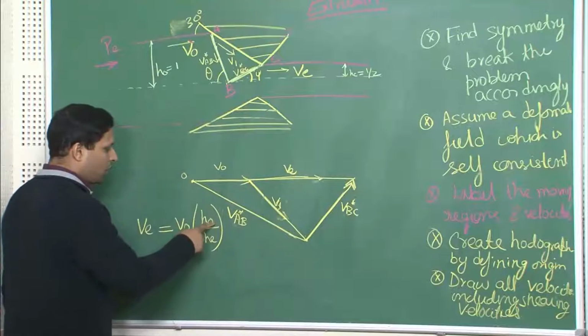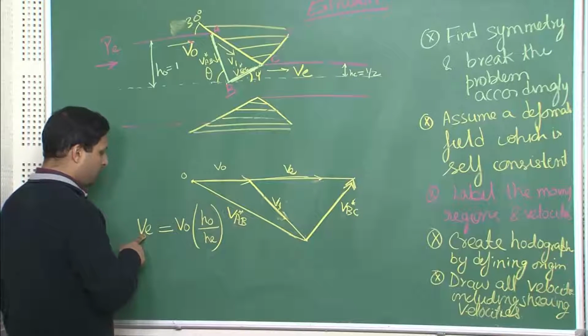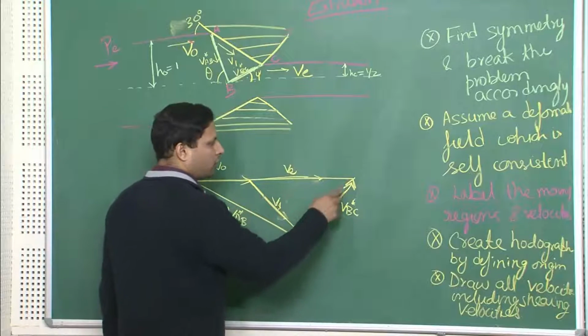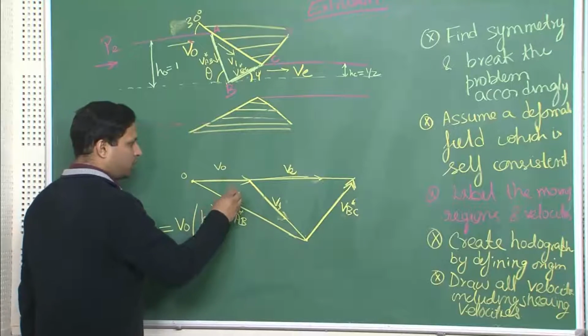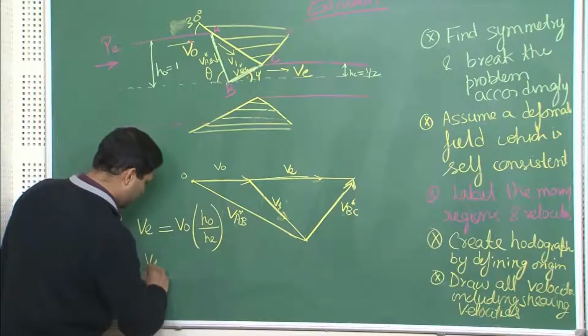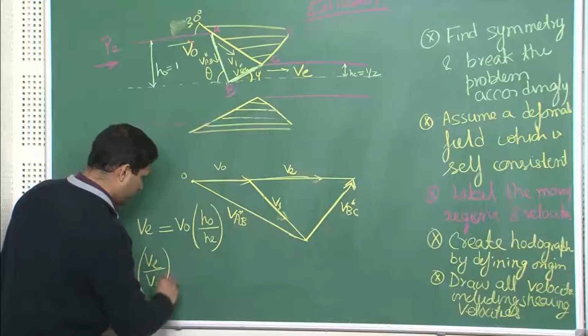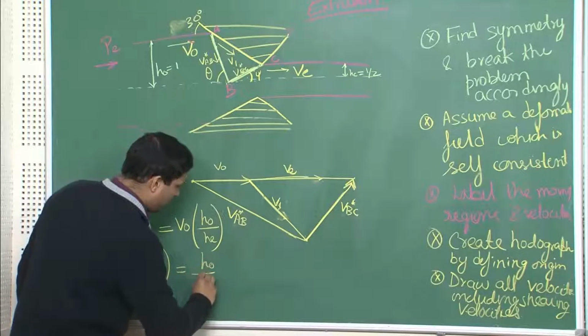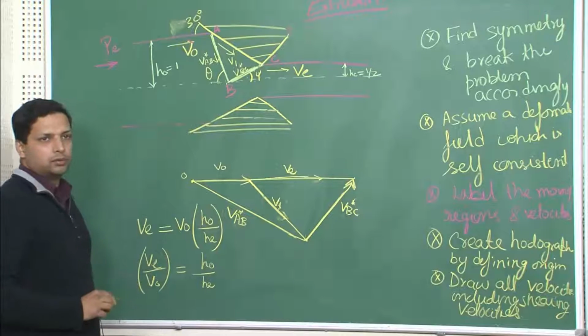So, this ratio H0 by HE should be the same as VE by V0, and this you can cross check once you have drawn this hodograph. You would be able to see that VE over V0 is actually coming out to be H0 by HE.